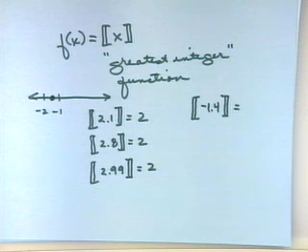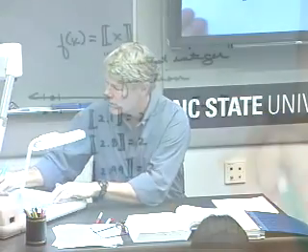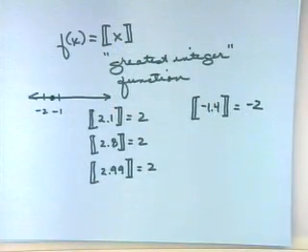Negative 2. Is that the same thing we just did? We're not quite to -1 yet, so we have to go back to the preceding integer. That looks weird, looks different, but it's the same process. If you're not quite to the integer you're headed toward on the right, then you have to go back to the preceding integer.